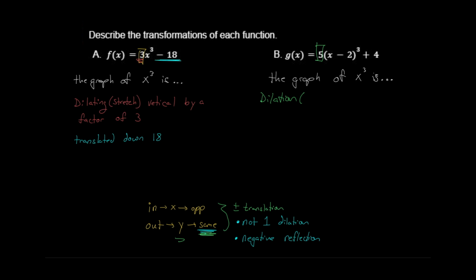I meant to say stretch, but it is going to be vertical, because it's outside the parentheses, by a factor of 5. Next, addition and subtraction. I actually have addition and subtraction inside and outside this time. Both are going to create translations. So we are translating.